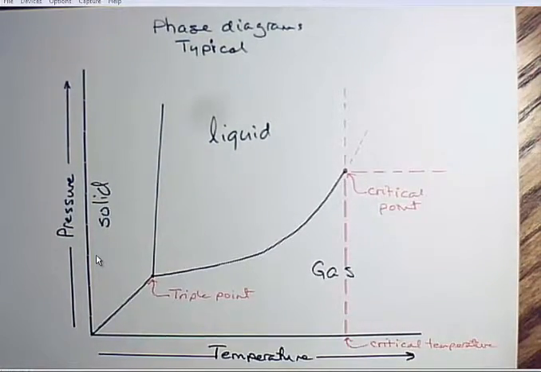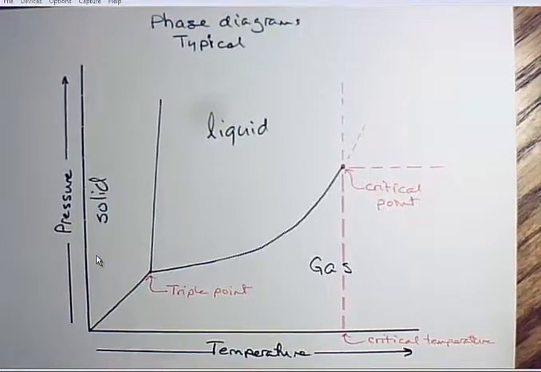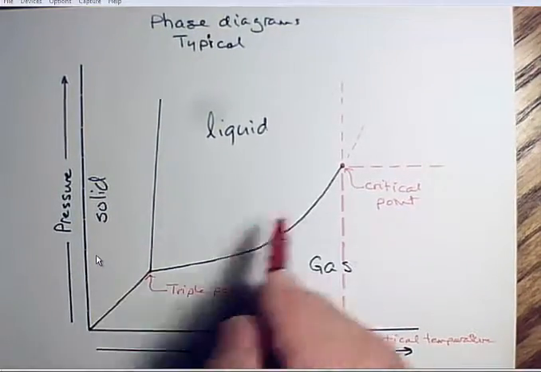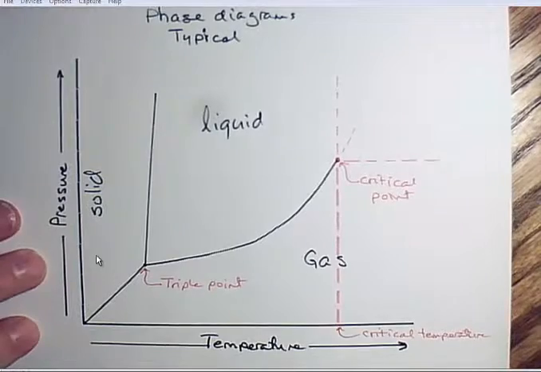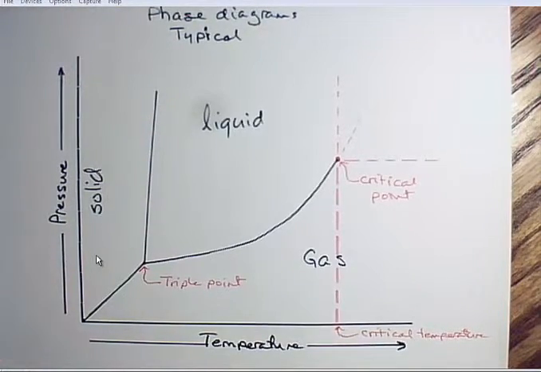Critical point is the intersection of the liquid-gas phase boundary, and all these black lines I have in this graph are called phase boundaries. It's the point on the liquid-gas phase boundary beyond which, no matter how much pressure you put it under, the temperature is too high to ever actually have a liquid.